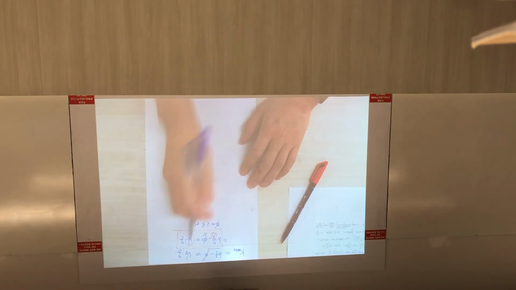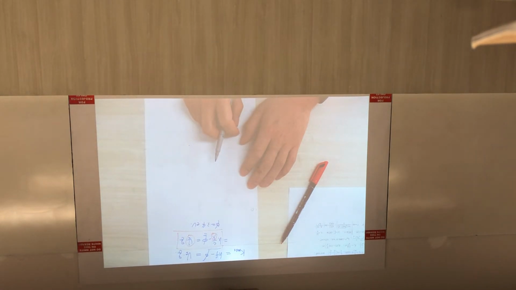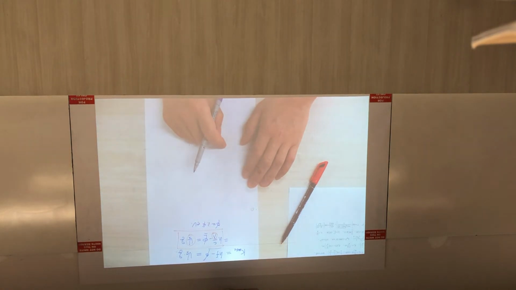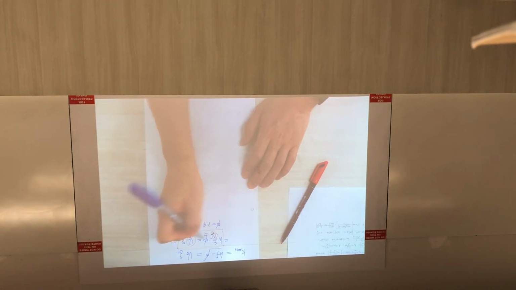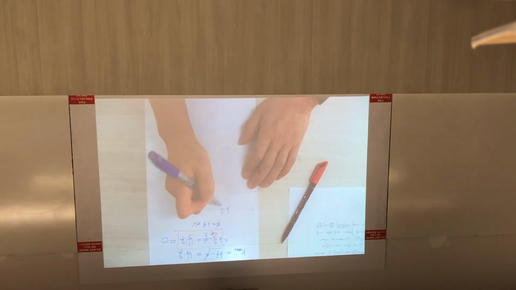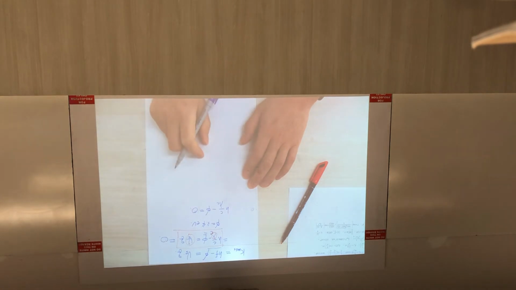Now, because this work function is determined, you can calculate the cutoff frequency. At the cutoff, K max becomes 0. In other words, h c over lambda c minus phi is equal to 0.